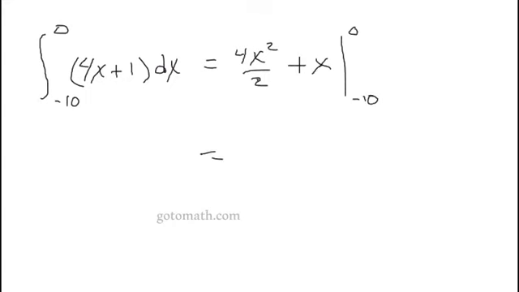Okay, so if you plug 0 in, you just get 0, and then make sure we put a minus and always start a parentheses here. And 2 goes into 4 2 times, so I'm going to do this: 2 times (-10) squared, plus -10.